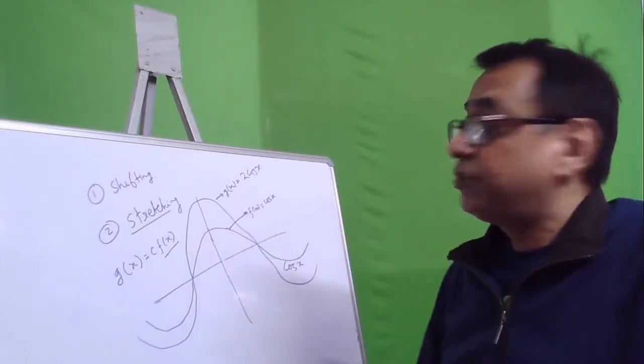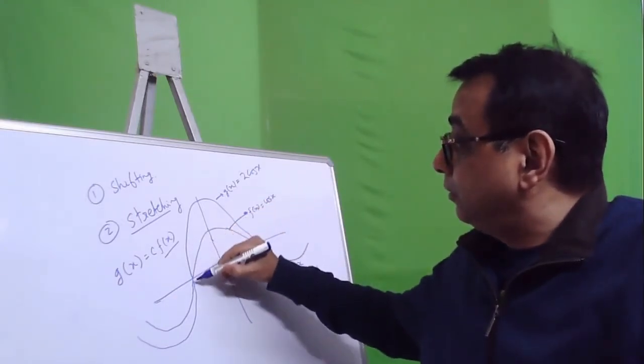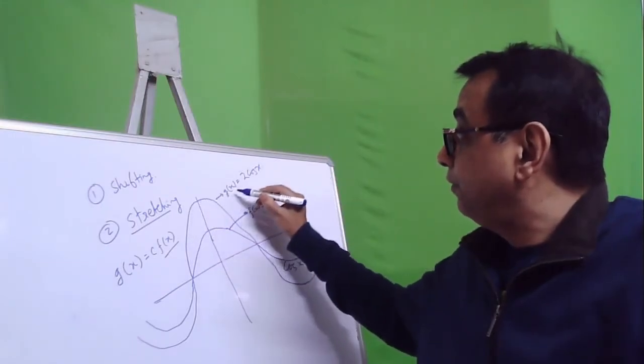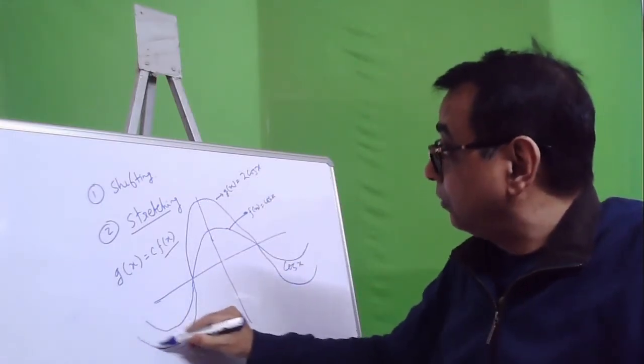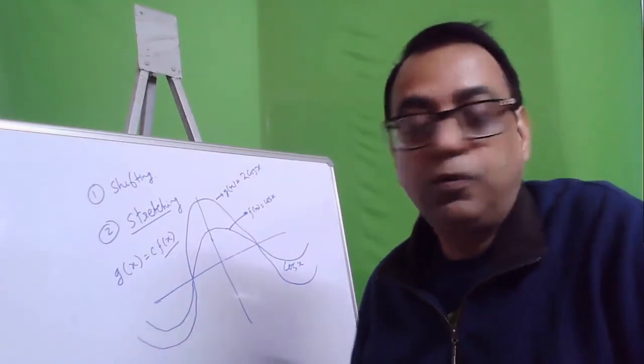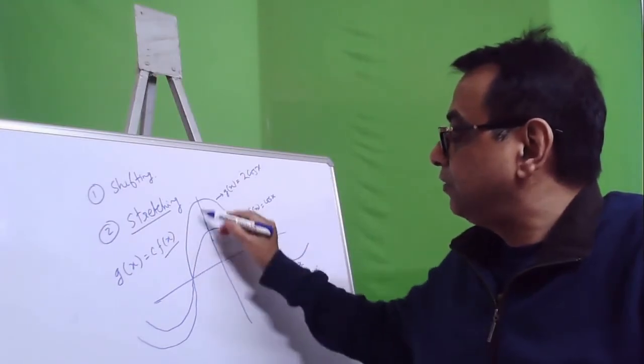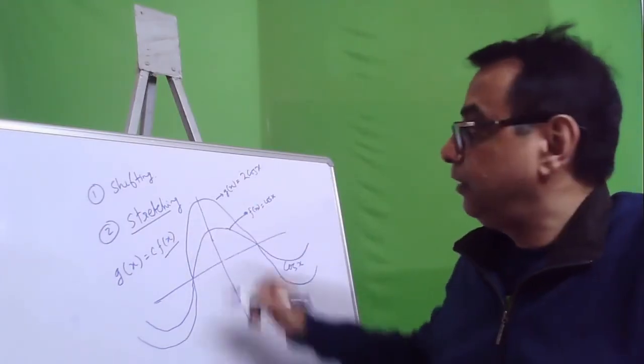So you want to stretch by 2 times. When you draw the graph of g(x) equals 2 cos x, it will be like this. So when you stretch by 2 times, it will look like this. Every value will get multiplied by 2.